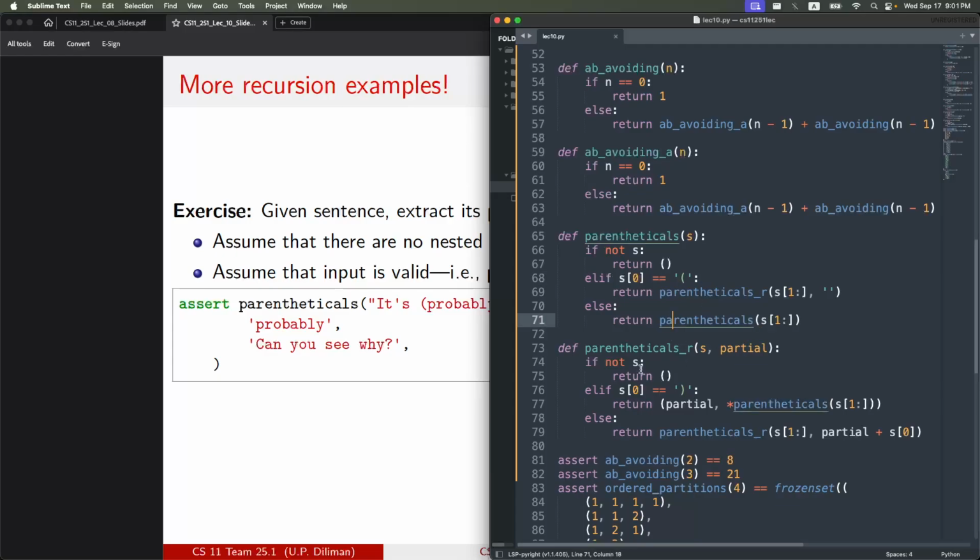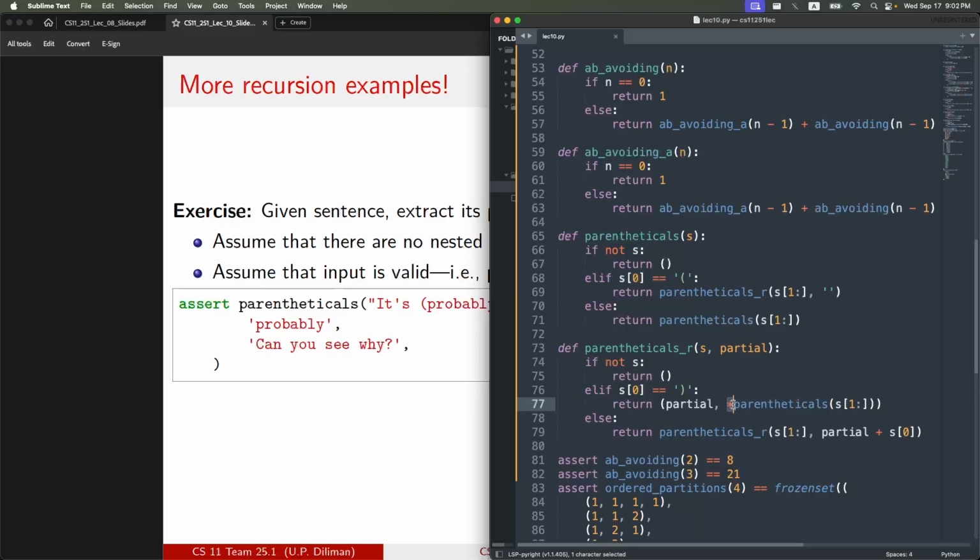For parentheticals R, it's trying to close the parenthesis. So again, if the string is empty, then return nothing, empty tuple. If we found the closing parenthesis, then whatever the substring that we found, we include that in the results and look for more parentheticals in the rest of the string. So we are looking for a fresh opening parenthesis. This is what this means.